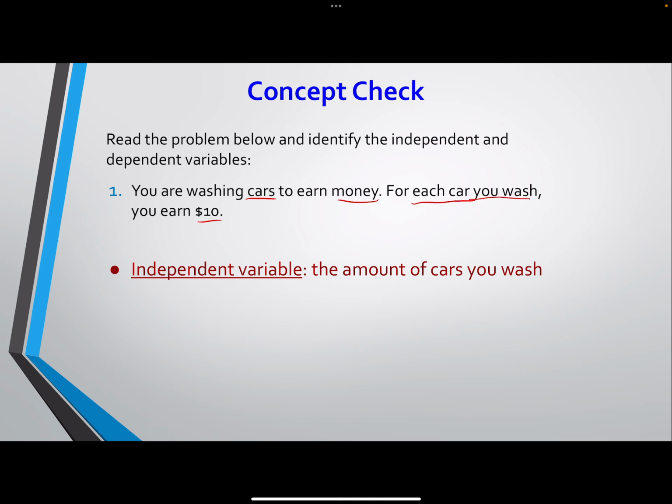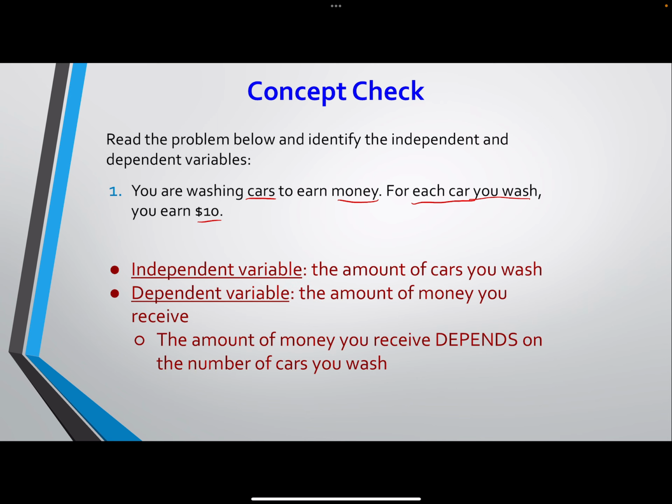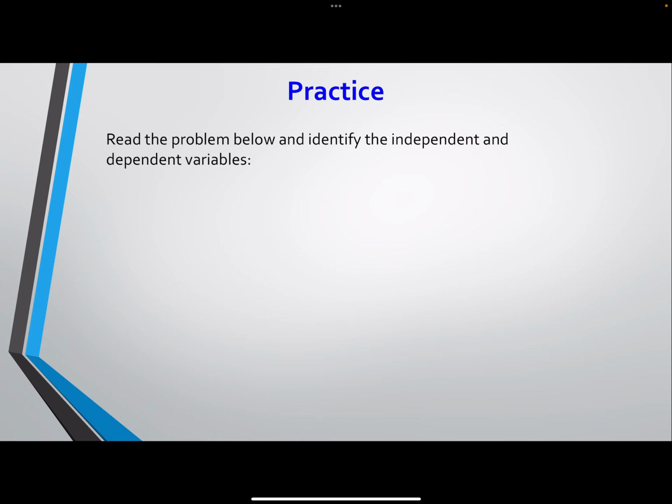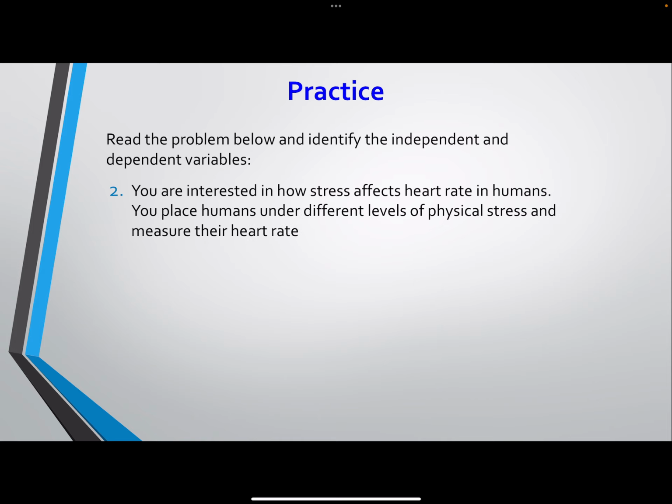For each car, you earn $10. Your independent variable is each car you wash, right here. Your dependent variable is what changes, the amount of money you have. It depends on the amount of cars you wash, which is why it's called the dependent variable.